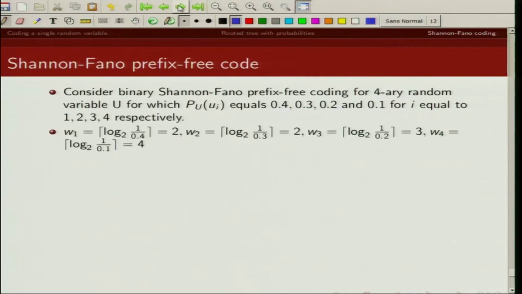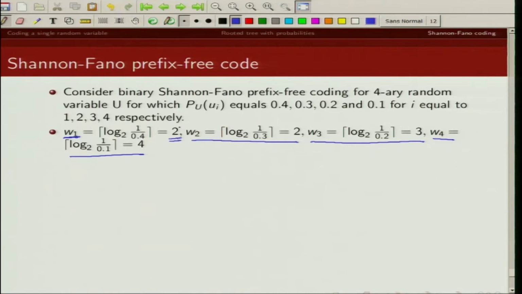Now according to Shannon-Fano coding, the code word length is given by the ceil function of log of 1 by p_i. So the code word length corresponding to i equal to 1 is given by this. Similarly, we can find out the code word lengths for the other 3 u_i's.